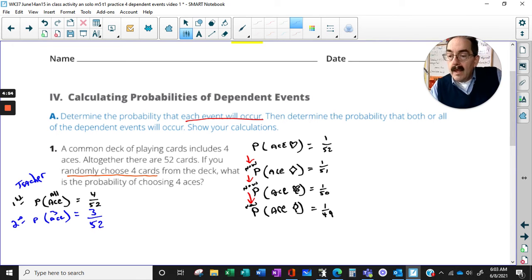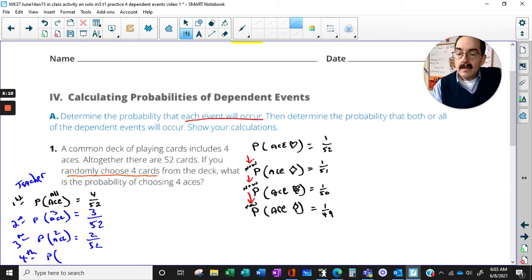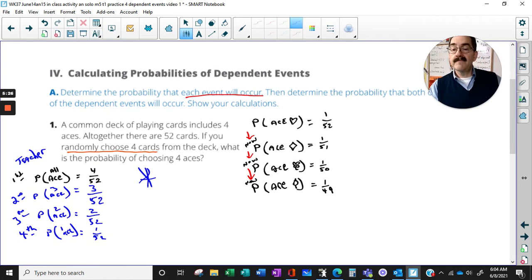Okay, and on the third pull, there's only 2 aces left, and we get 2 out of 52, and the 4th draw, there's only 1 ace left, and it's 1 out of 52. Okay? This is what the book is hoping for, that you described it like this. Okay? Now, what is the probability of choosing 4 aces?